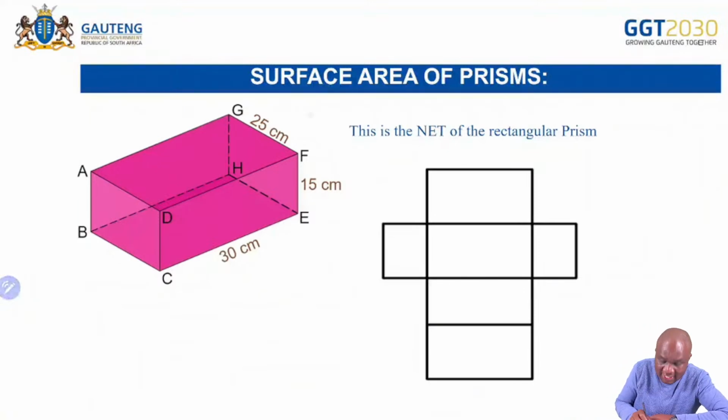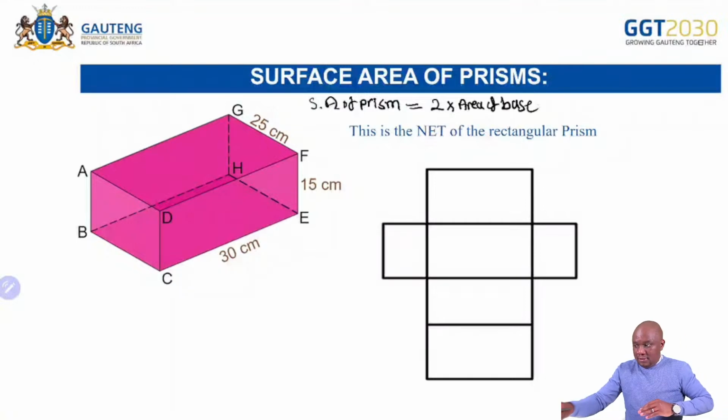It says surface area, let me use SA for surface area. SA means surface area of prism. You can also write it down: SA is equal to 2 times area of base.